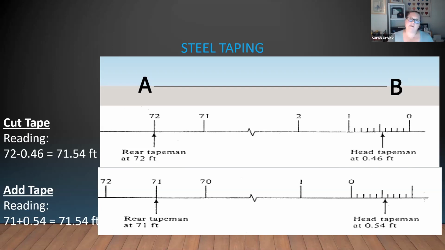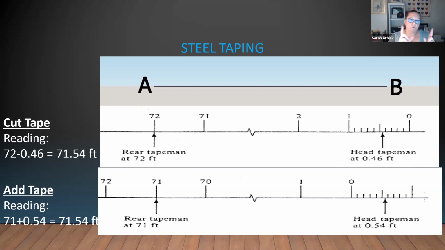What happens, and what they were describing in the video, is that we take it from the nearest whole foot. Here on this cut tape, we get the rear tape man to go to the nearest whole foot. Then from 0 out to our measuring point where our plumb bob is dropped, we subtract that amount.